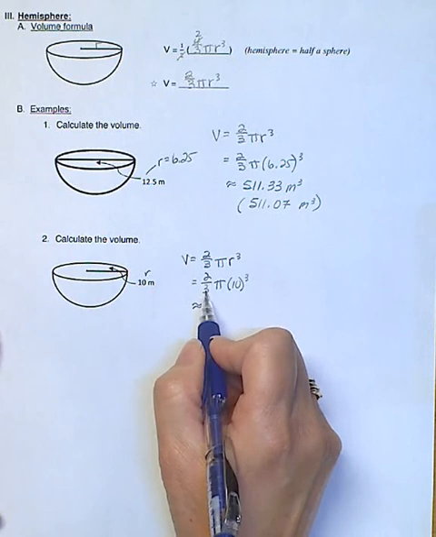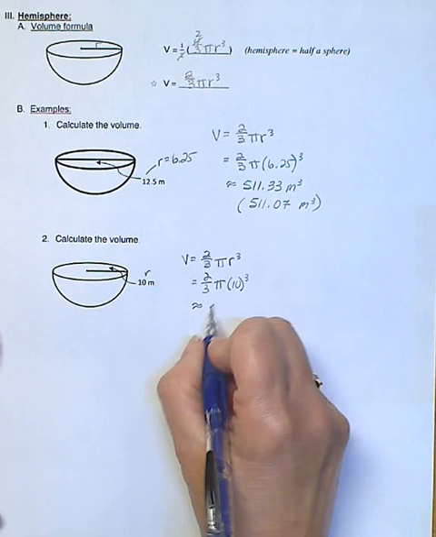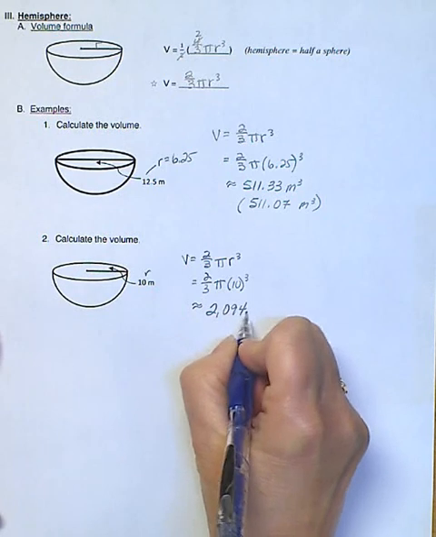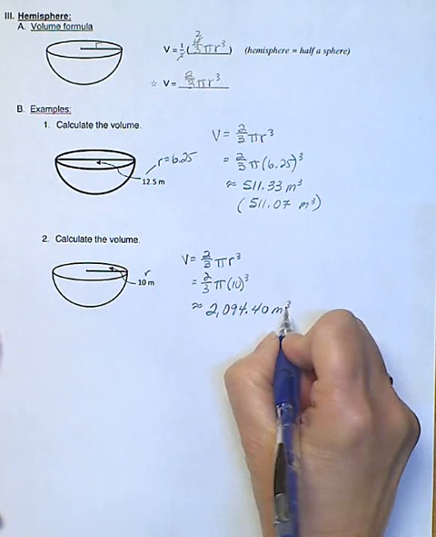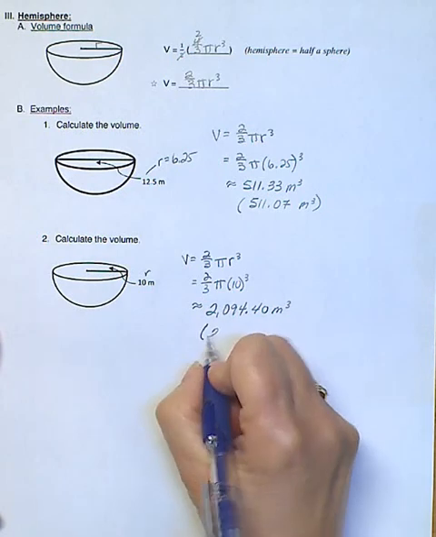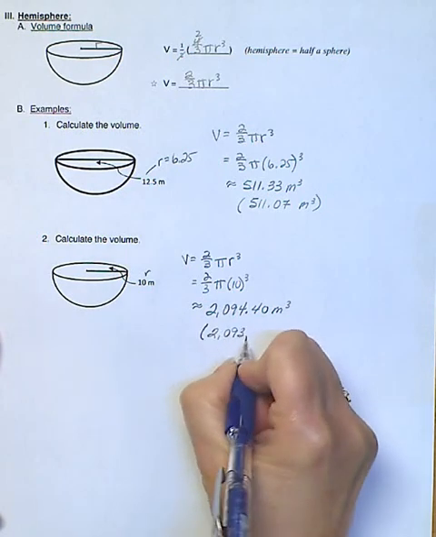So we get 2,094.40 meters cubed. If you don't have the pi key, you get 2,093.33 meters cubed.